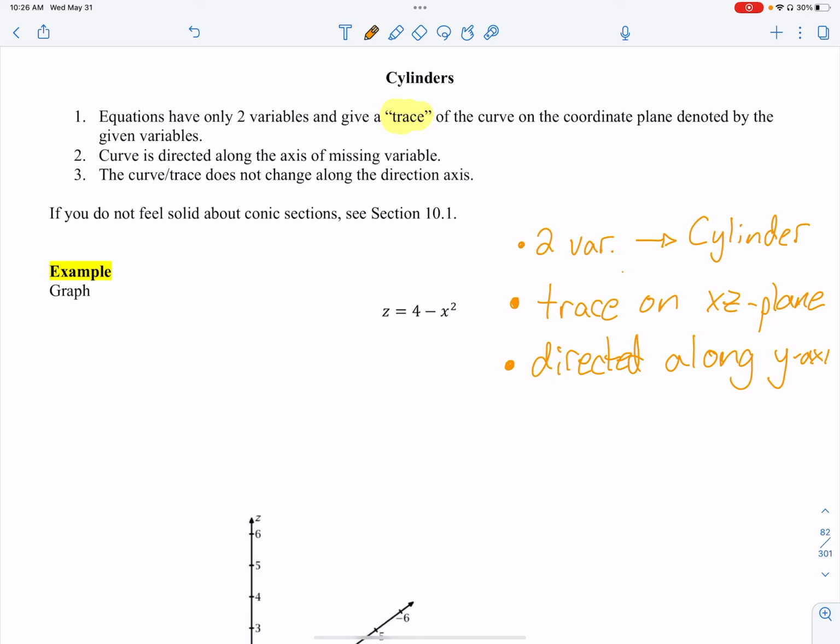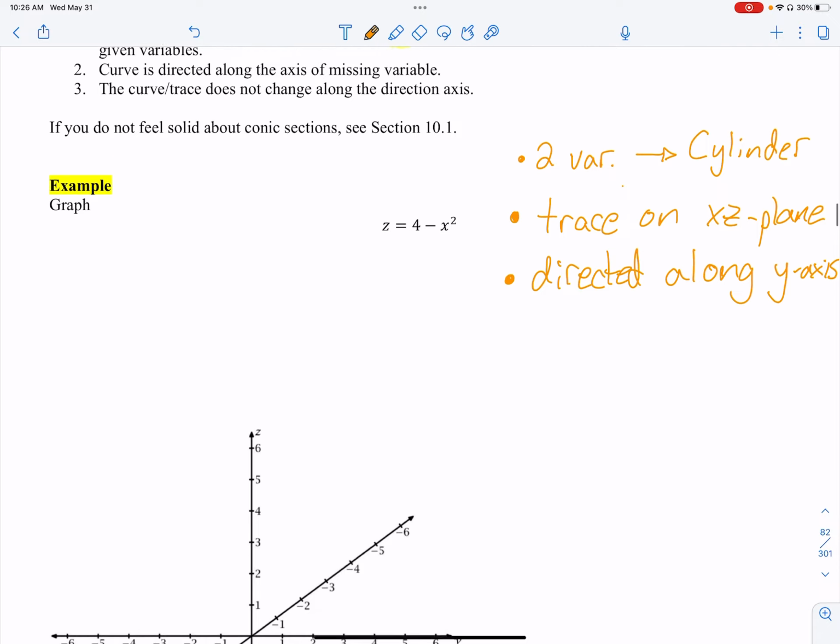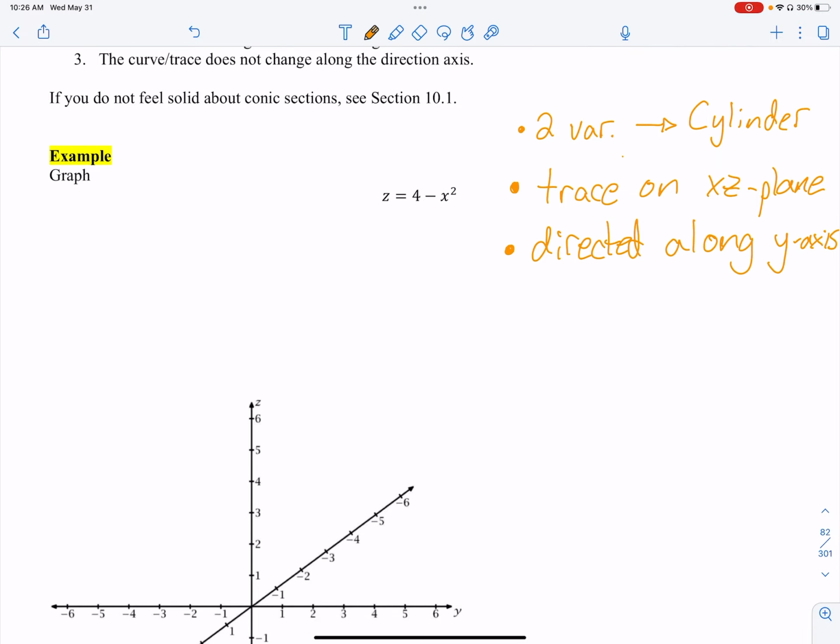First, let's talk about what the shape is before we get to the graphing. Hopefully the z doesn't throw you off if that was a y. This is just an algebra curve, a parabola. I don't know if you remember your transformations, but we have negative x squared plus 4.